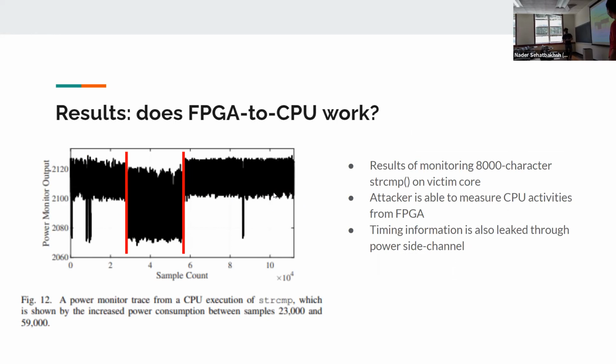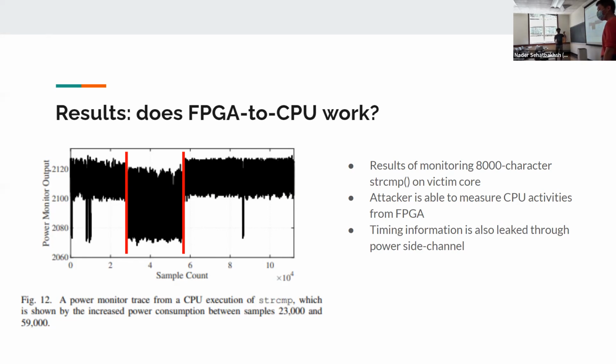First they want to test if the FPGA can actually listen to the CPU activity on the victim core. From the figure here, we can see that from sample 23,000 to 59,000, there is a drop in the frequency, which means that the CPU is active in that time period.